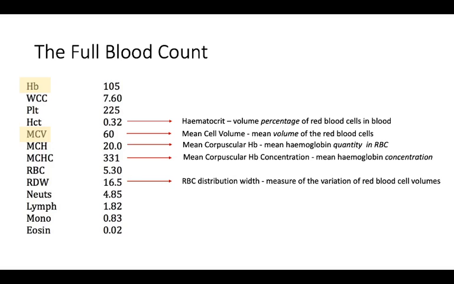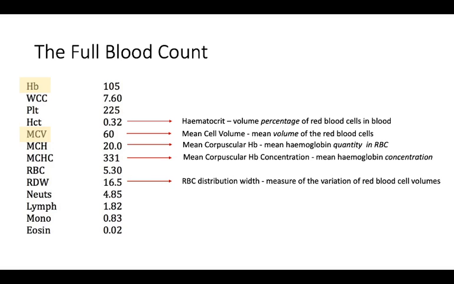So this is when the cells are of different sizes. This is present in a lot of patients who have iron deficiency anemia, as well as B12 and folate deficiency related anemias. However, it is normal in other types of anemia, such as thalassemia. So you can use this to differentiate between the different types.